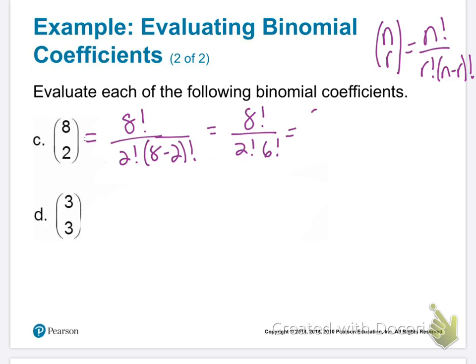I expand on the higher number, so 8 times 7 times 6 factorial gets me to the point where I have my next highest factorial, 6 factorial. And 2 factorial is 2 times 1, which is just 2. So I can now cancel things between the top and bottom that are equivalent. 6 factorial over 6 factorial is equivalent to 1. 2 divides into 8 4 times, so I'm left with 4 times 7. 7, 14, 21, 28. So my answer here is going to be 28.